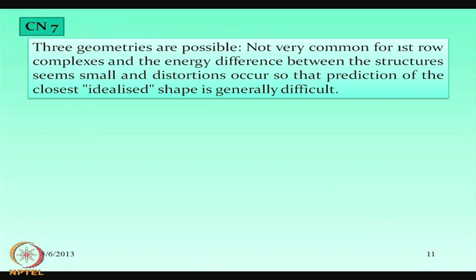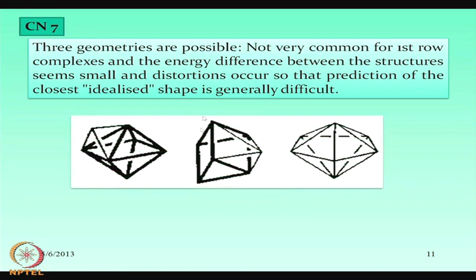extra ligand, and when we put that extra ligand, we have 3 geometrical possibilities, which are not common for the first row element, because we need some bigger atom, bigger metal center, such that we can put more than 6 ligands surrounding this particular center. So, they seem to be small and distortions occur, so the prediction of the closest idealized shape is generally difficult.